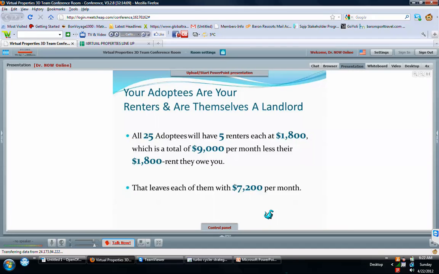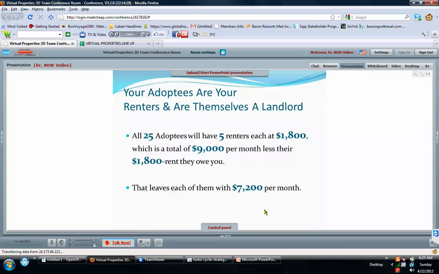That means the actual adoptees have $1,800 per person times 5, which is $9,000 per month, less their $1,800 rent they owe you. That gives them a $7,200 per month residual income for life.